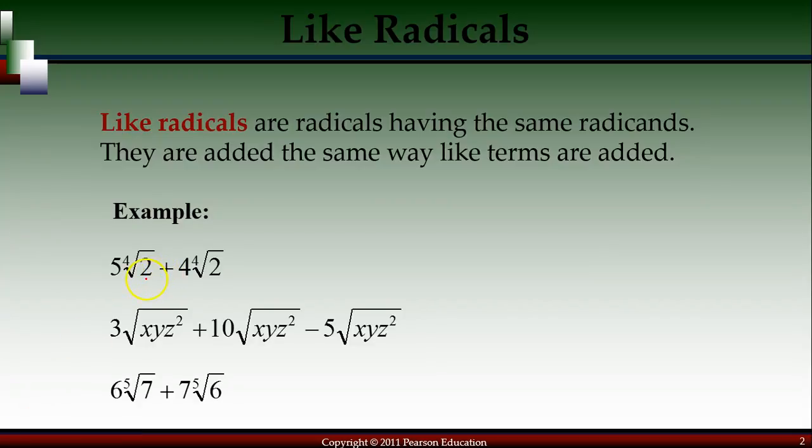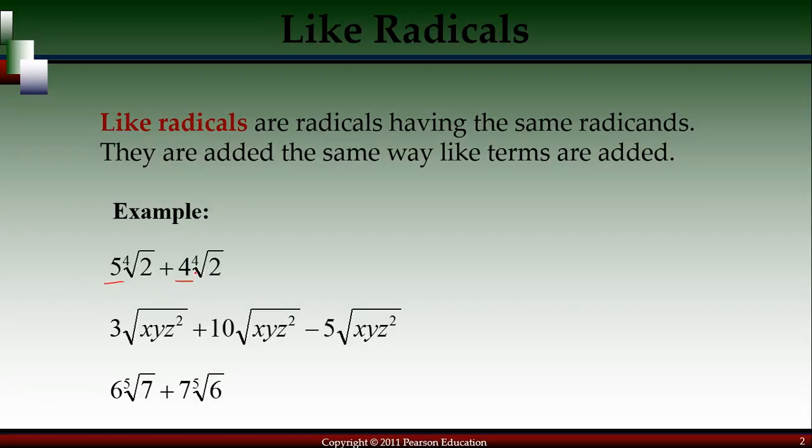Having the same radicands means whenever we have the same value on the inside of our radical and the same index on the outside of our radical, then these are considered like radicals. How we add them together is we simply add together the numbers that are before the radicals.